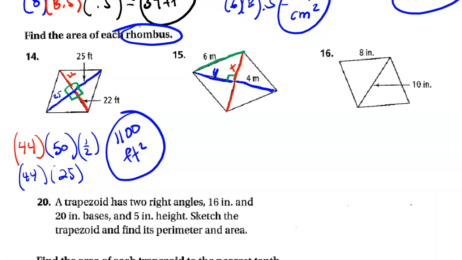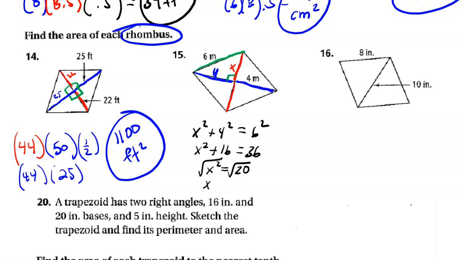And so I'm going to write this out. Leg squared plus leg squared equals hypotenuse squared. And that's going to be x squared plus 16 equals 36. Subtract 16 from both sides. X squared is 20.